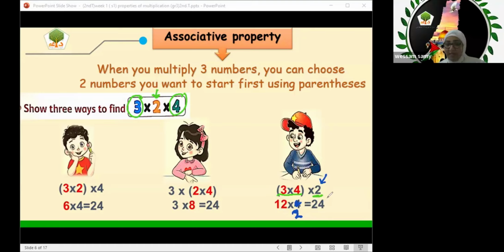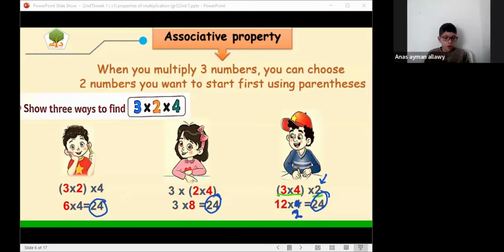So that means Farid and Riham and Amgad got the same result, or the same product, of multiplying 3 times 2 times 4. Did all of them follow the same way? Or each one of them used a different way?